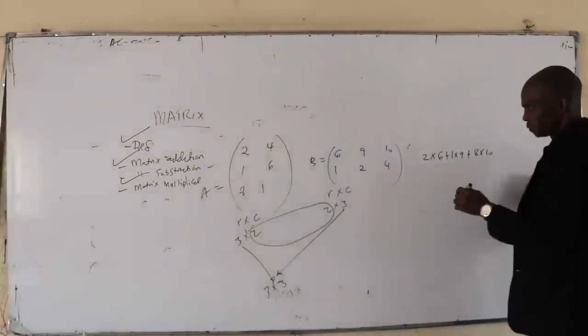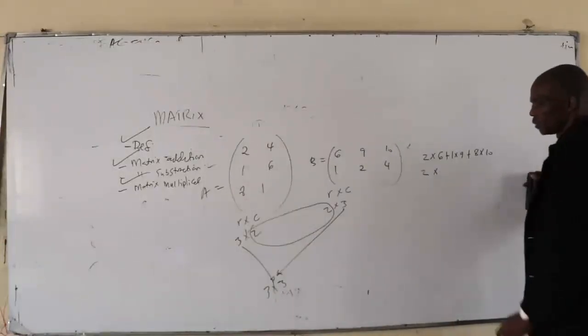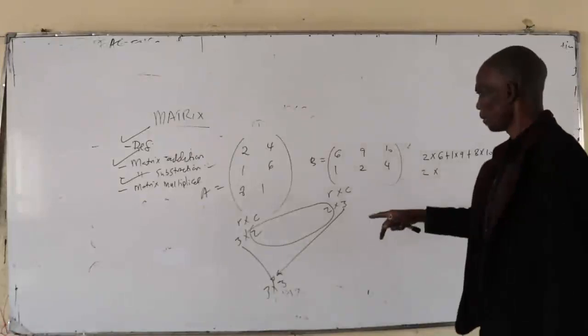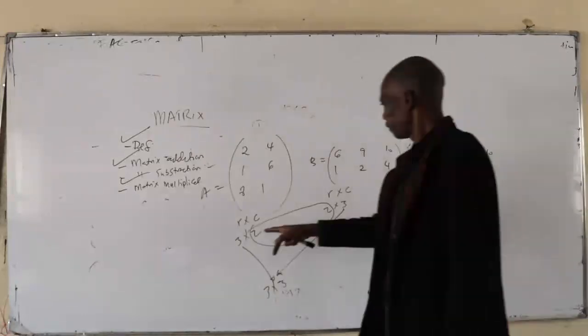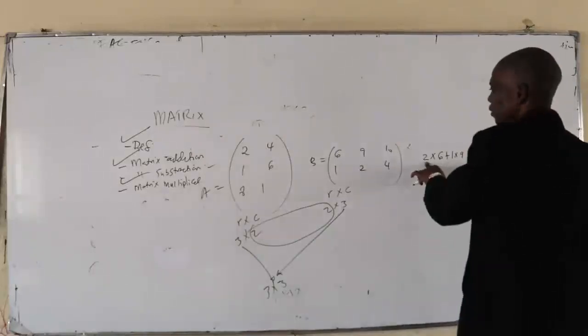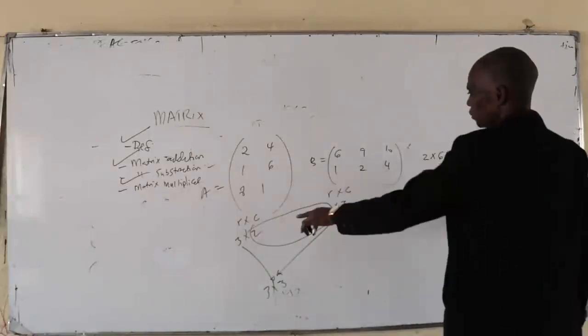The second one will be 2 times. So it will be 3 by 3. This is 2 by 3, 3 by 2.